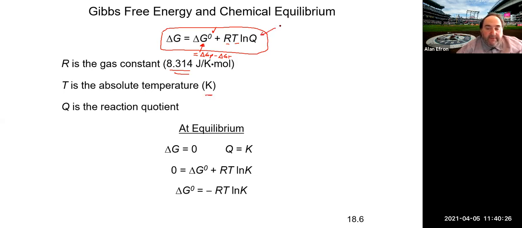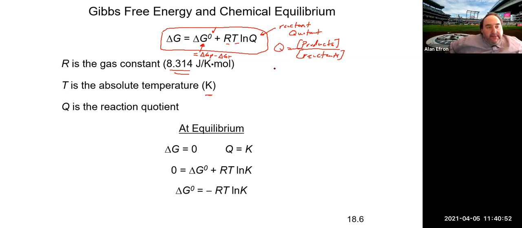Q is the same thing that we've seen before. It is the reaction quotient, which is basically just like we've used it before, products divided by reactants. Where did we use Q before?